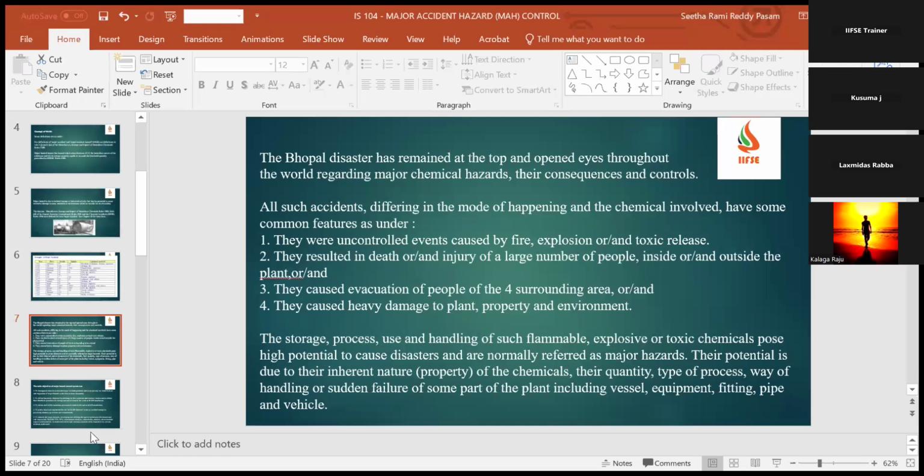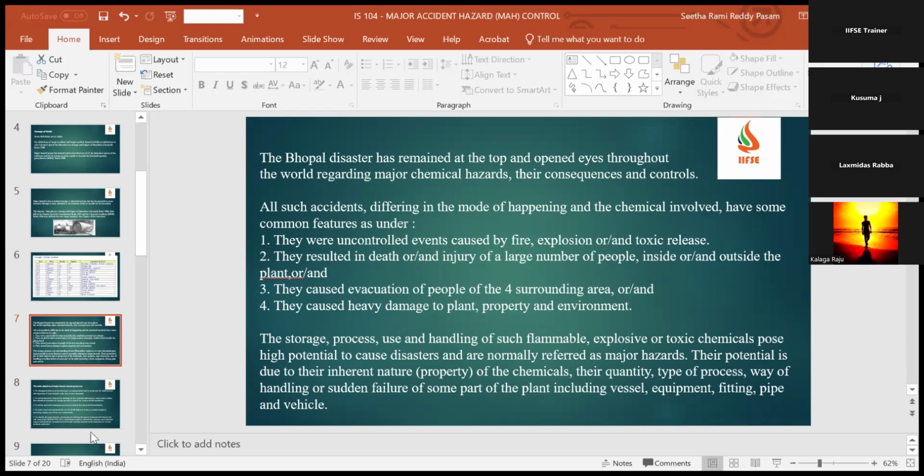If we say storage, process, use of such flammable, explosive or toxic chemicals pose high potential to cause disasters, they are normally referred to as a major hazard. Whatever the chemical, sometimes a chemical with a quantity of 1 kg can also be a major hazard.